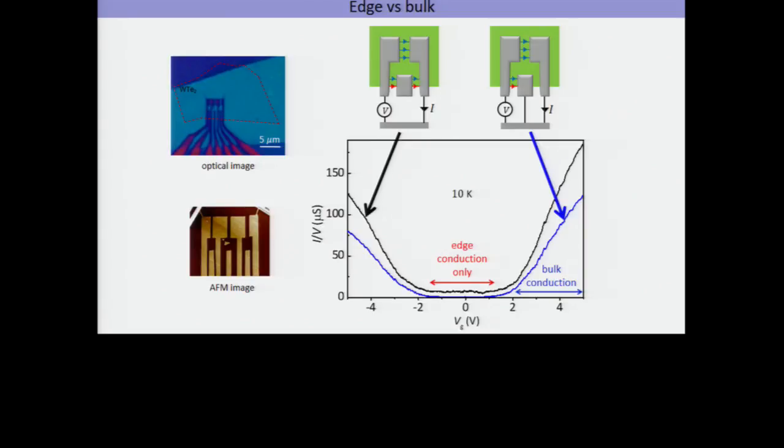Either we float that central contact and apply a bias between the pincer contacts and measure the current. And that gives us this black trace here as a function of gate voltage with this plateau in the middle. Or we ground that central contact and measure only the current that flows through between the two pincers, having eliminated any current that flowed near the edge of the sample.